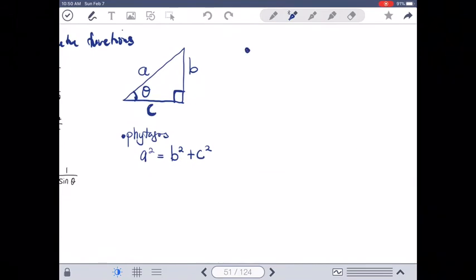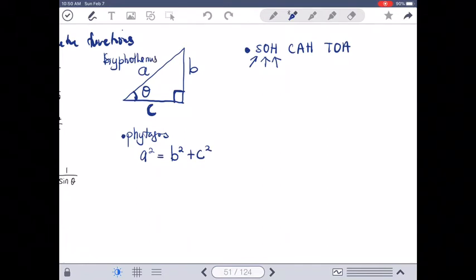And also, you have learned SOH CAH TOA. Sine equals to opposite over hypotenuse. This is your hypotenuse. Hypotenuse is the longest side of the right angle triangle. I would say that hypotenuse is opposite of 90 degrees.